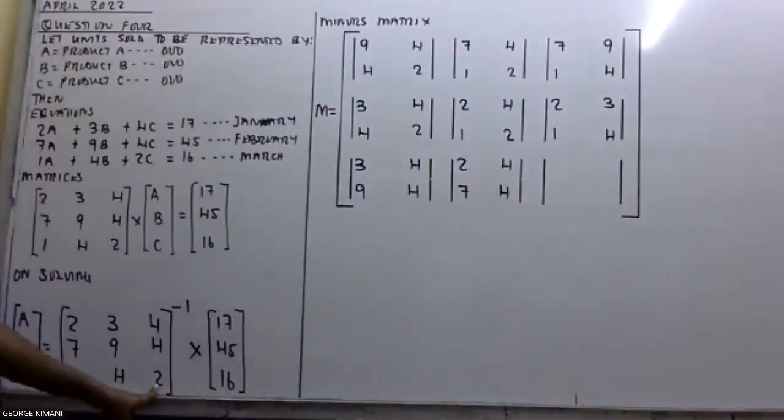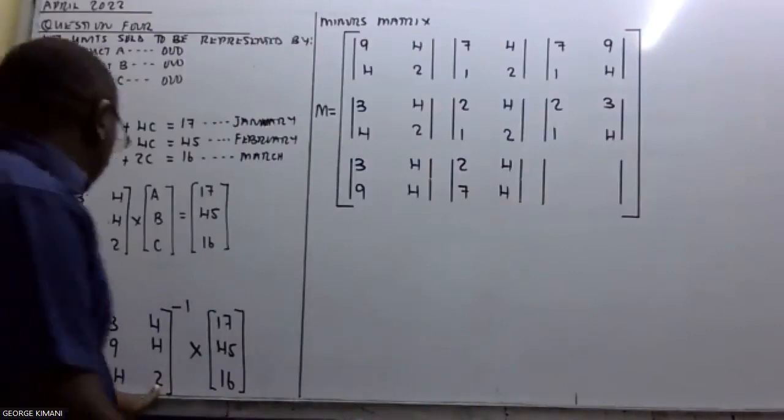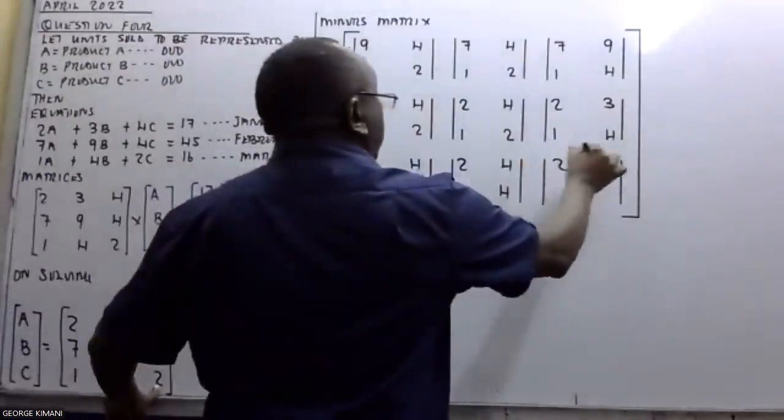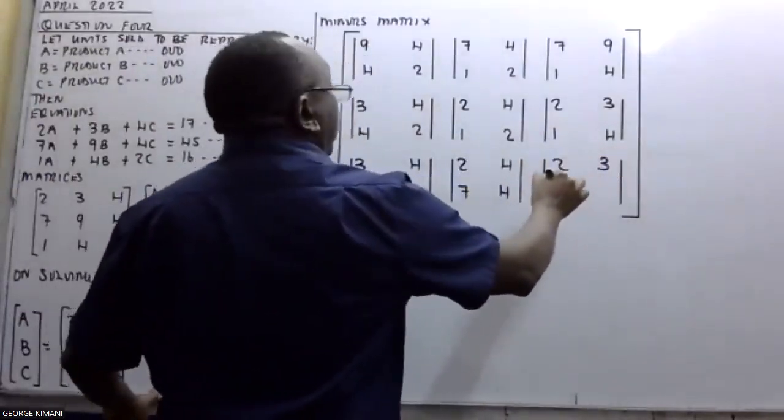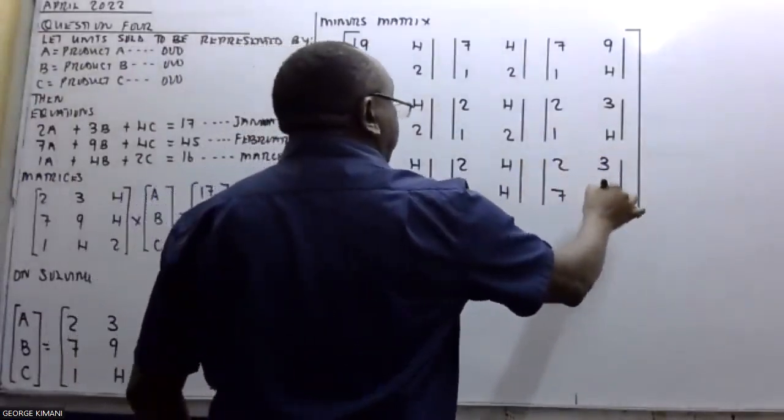When I come here, I broke that row and that column to be left with 2379.